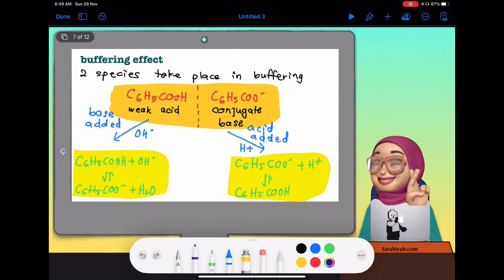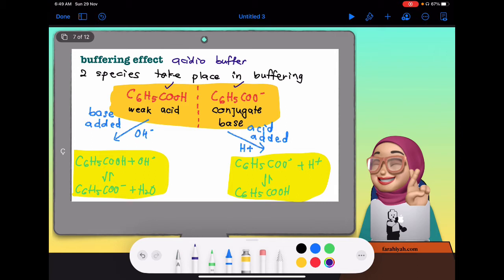Next, before we start explaining the buffering effect, let me recall this is an acidic buffer because it's the combination of a weak acid and its conjugate base. So the two species that take place in buffering are your weak acid and your conjugate base.